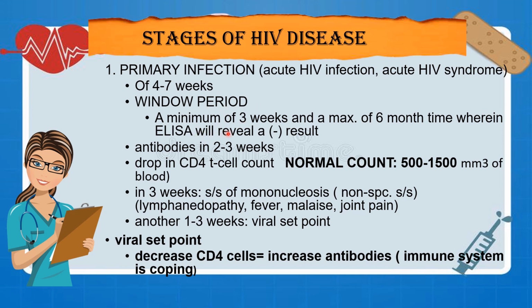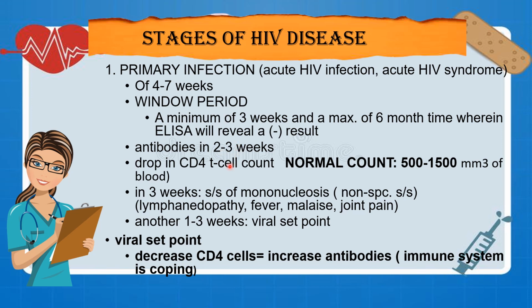So there would be a minimum of 3 weeks and a maximum of 6 months wherein the ELISA test will reveal a negative result. So acute HIV infection is the interval between the appearance of detectable HIV RNA and the first detection of antibodies.